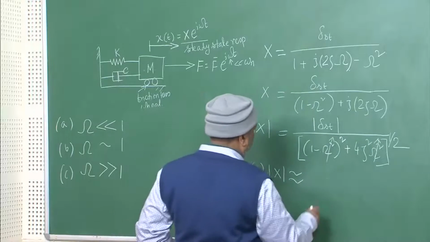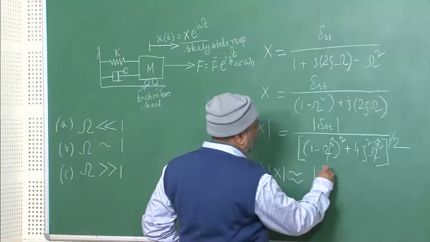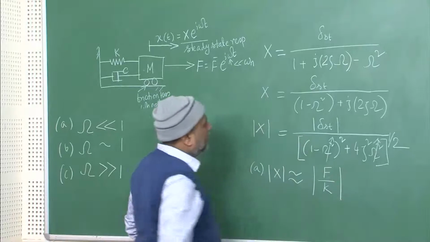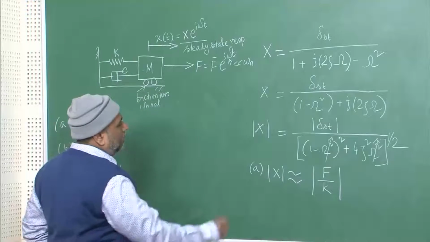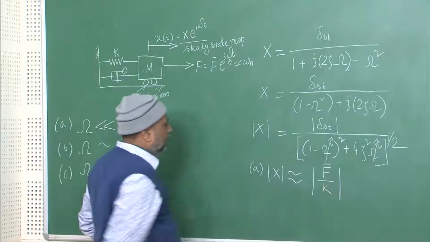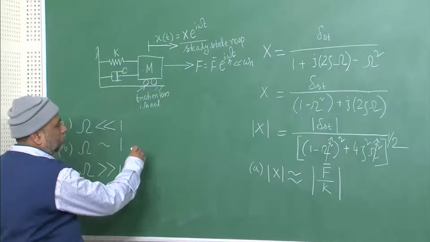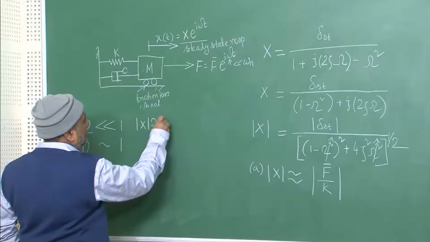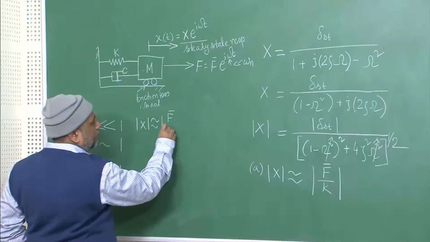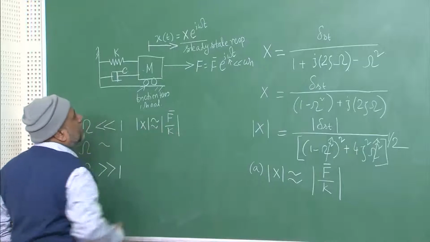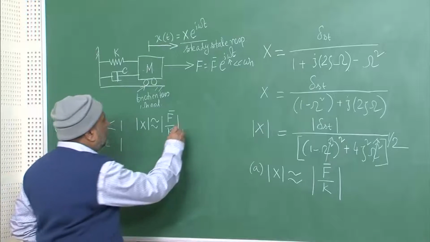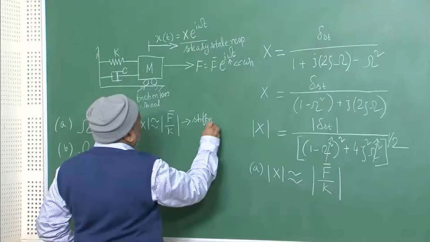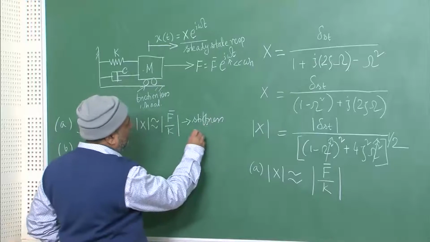So, x will be approximately the amplitude of f over k. That is our f bar over k. That is our first case. So, x is approximately amplitude of f bar over k, which means my response is stiffness dominated when omega is very, very small.